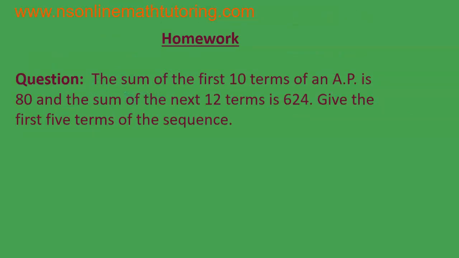The sum of the first 10 terms of an arithmetic progression, or arithmetic sequence, or arithmetic series, whatever name you give to it, is 80, and the sum of the next 12 terms, starting from the 11th term, is 624.